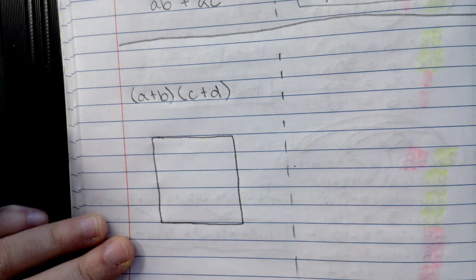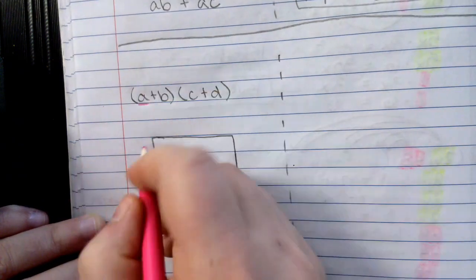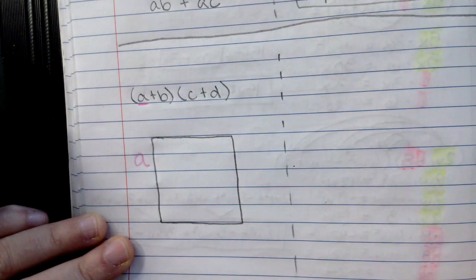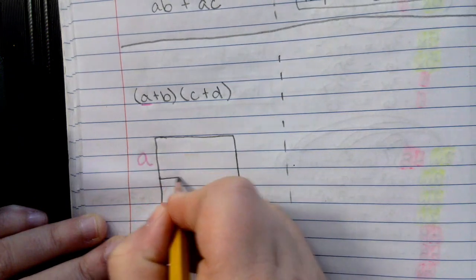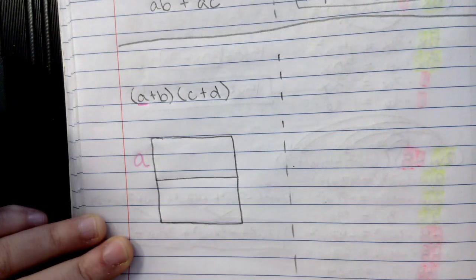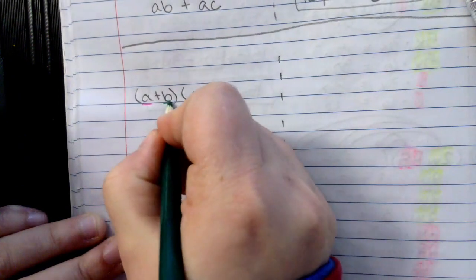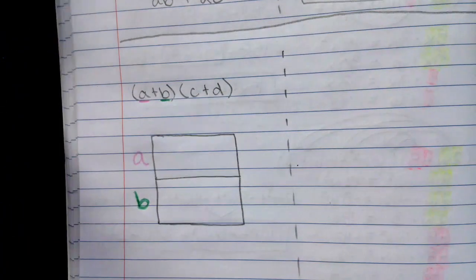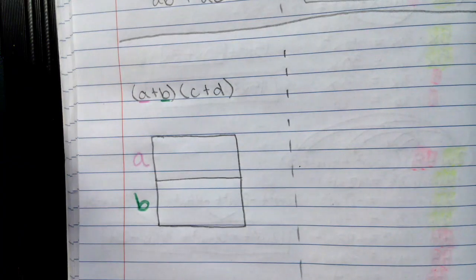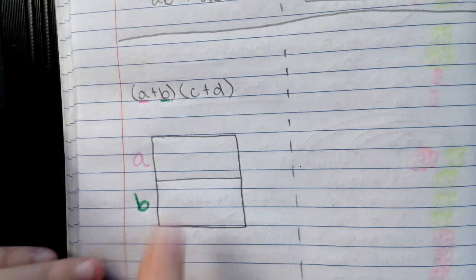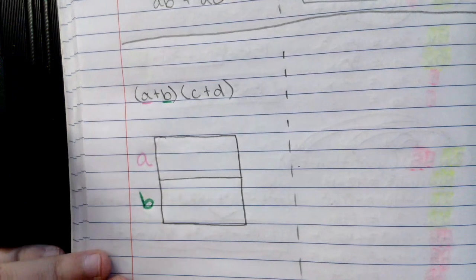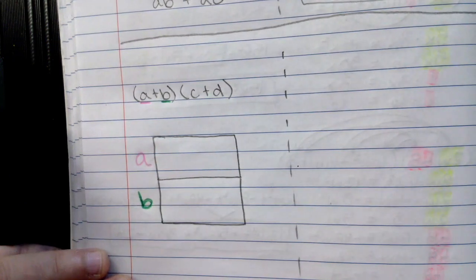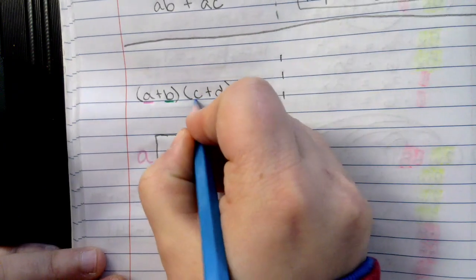So it's A, and then my B here. And B goes on a different line. So that's one of those products. Then the C plus D will go across the top. So C and D.